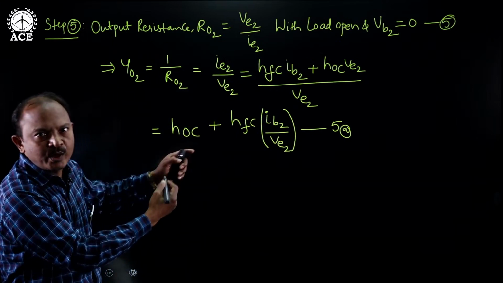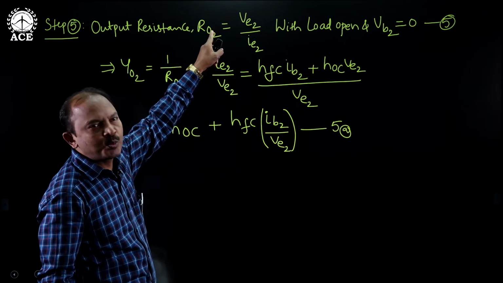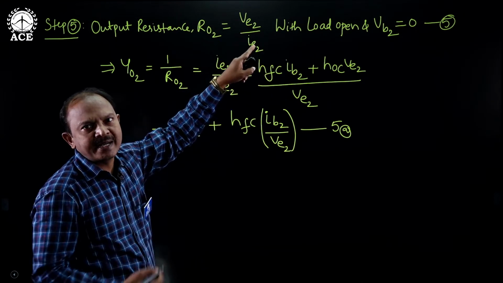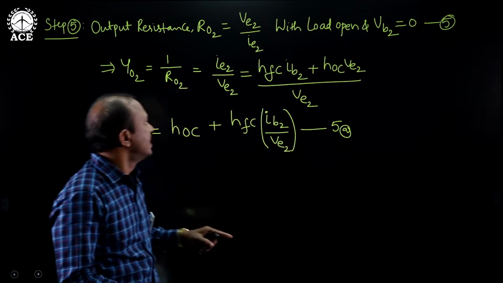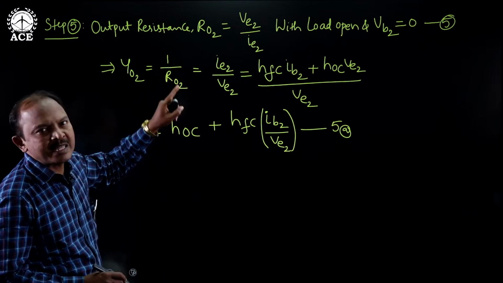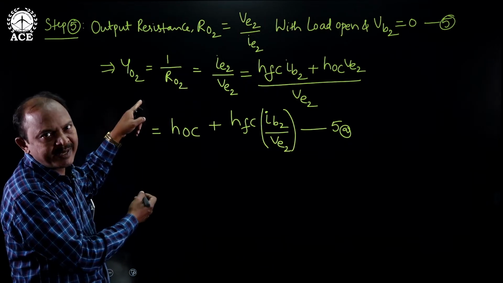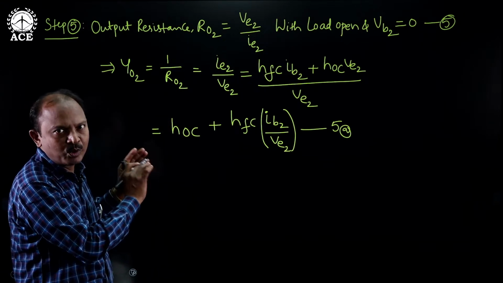Till this extent, try to understand, students. Simply what I have done is, I wrote the general equation for output resistance as VE2 by IE2, where the two important conditions are considered as load open, input voltage 0. Then, for mathematical convenience, I am trying to estimate output admittance rather than output resistance. At a later stage, I will take the reciprocal value, don't worry about that.